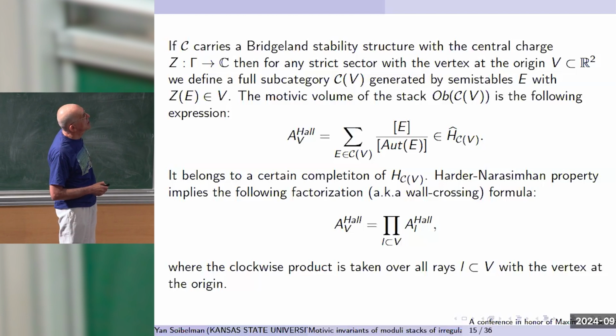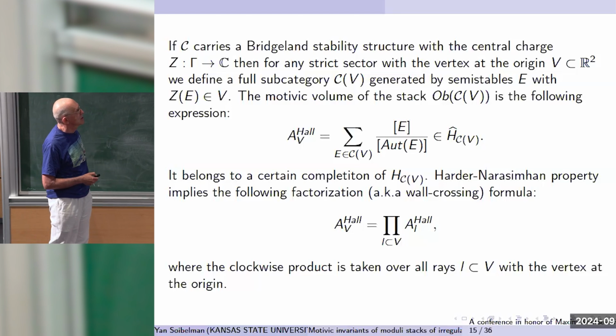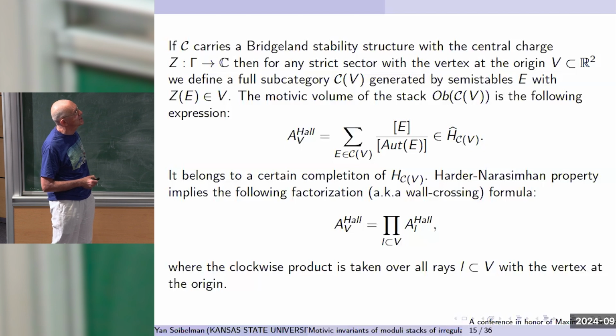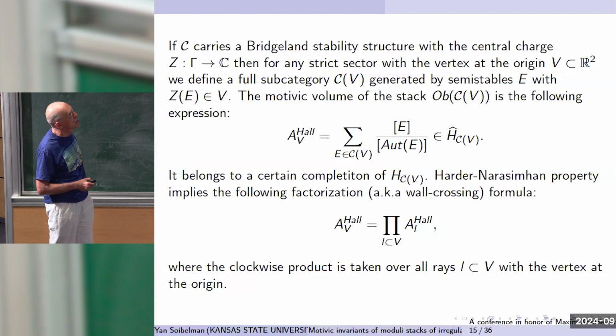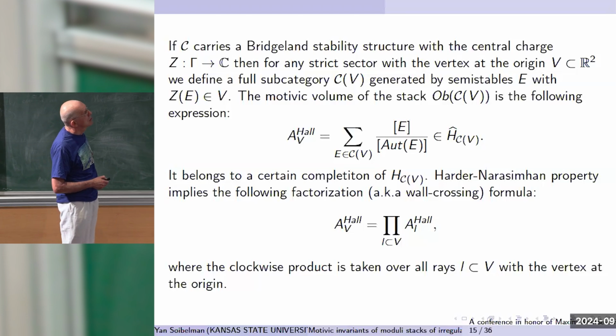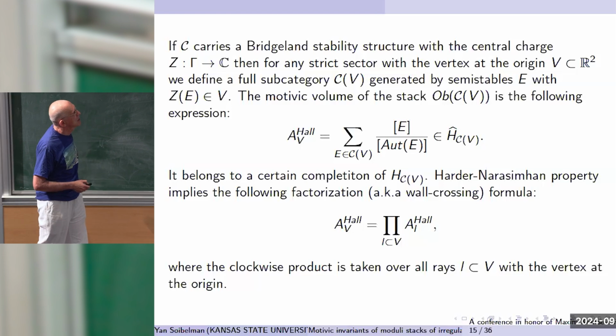It can be schematically written like this. At least in this way, it's understandable what we do. We count every isomorphism class with a weight which is 1 over the motive of the automorphism group. The reason why this V is chosen is because we sum over a cone, so this sum makes sense.